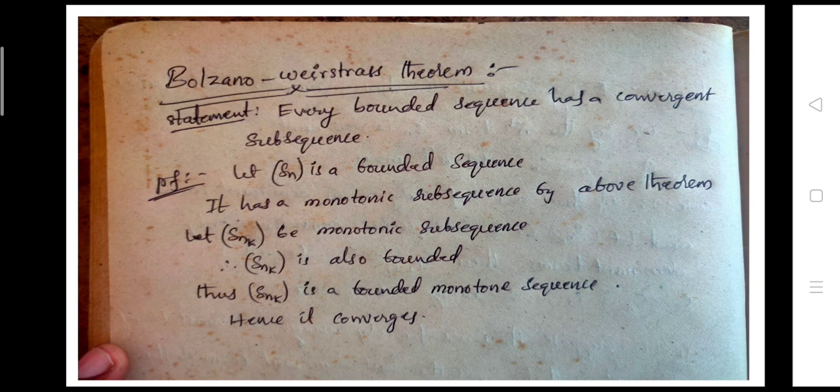Let S_{n_k} be a monotonic subsequence. Therefore S_{n_k} is also bounded. Thus S_{n_k} is a bounded monotonic sequence, so it is convergent.